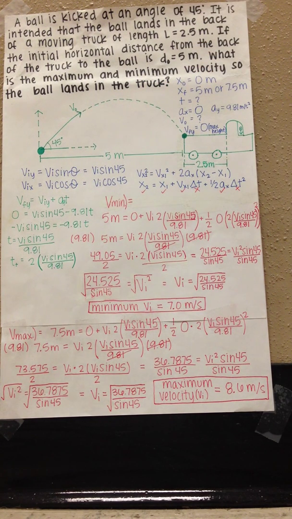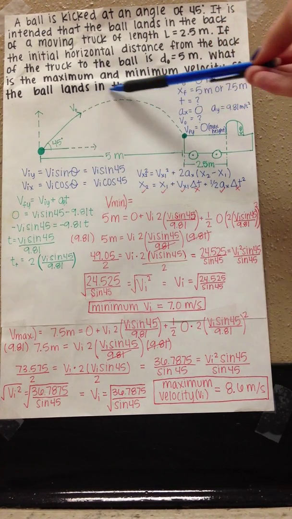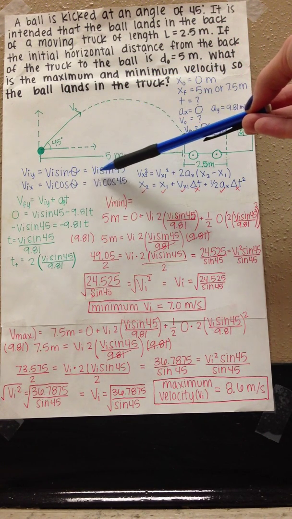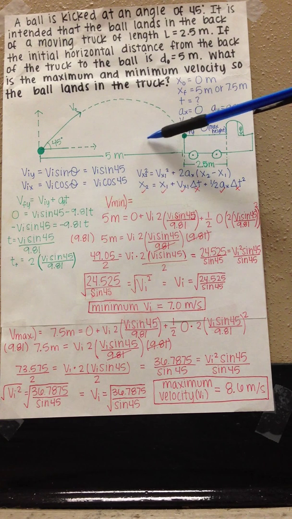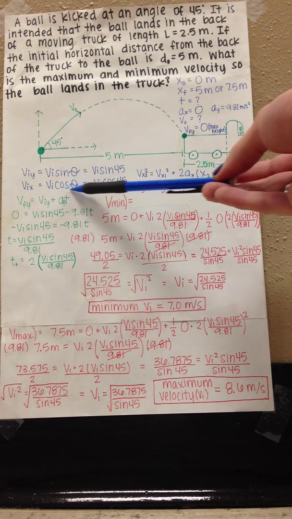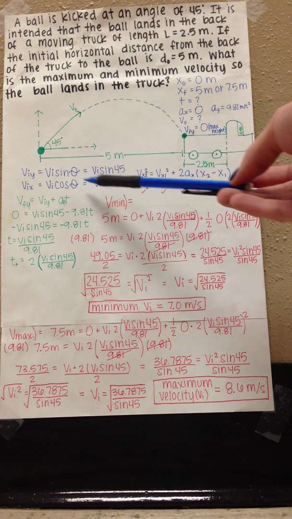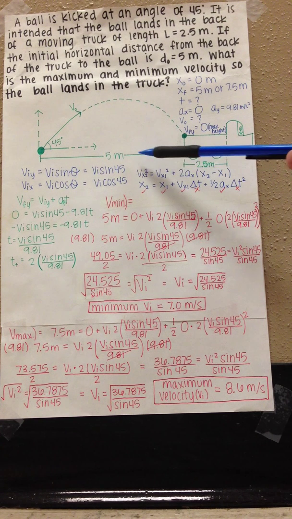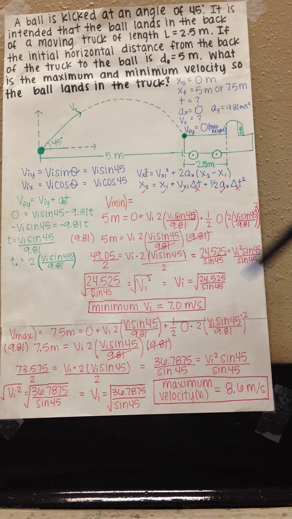So then I resolved my initial velocity into x and y components right here. For the x direction, I got VI cosine theta, so it would be VI cosine 45, and for the y direction I got VI sine 45.